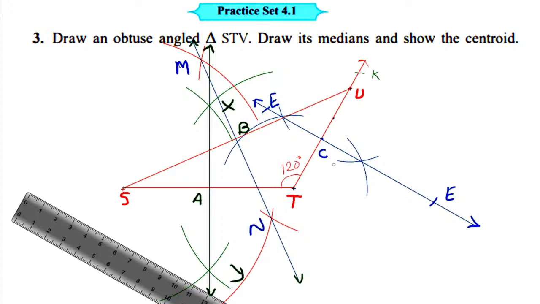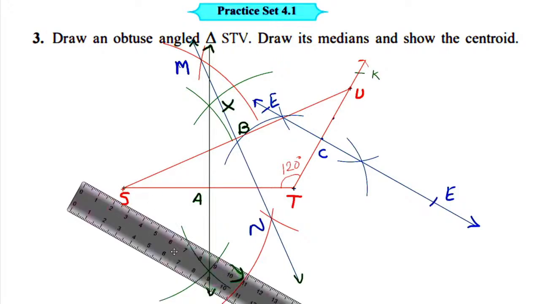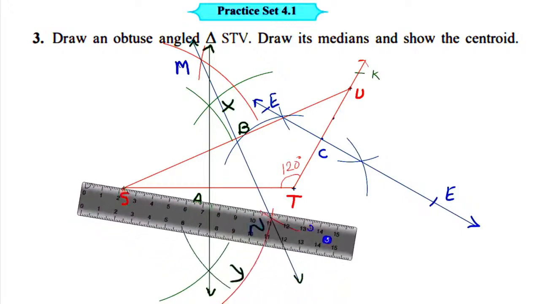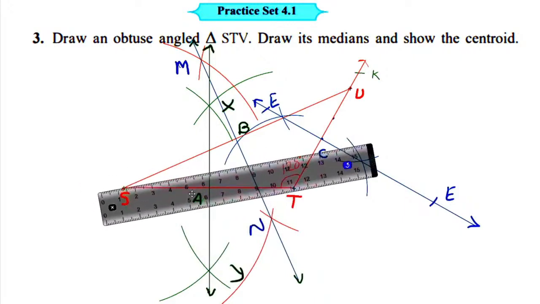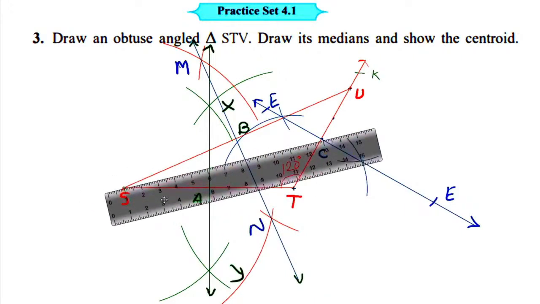We know that a median is the segment joining the vertex of a triangle and the midpoint of its opposite side. Let us join the midpoints and vertices of the given triangle, one by one. Draw the median SC first, by joining the vertex S and midpoint C with the help of a ruler.